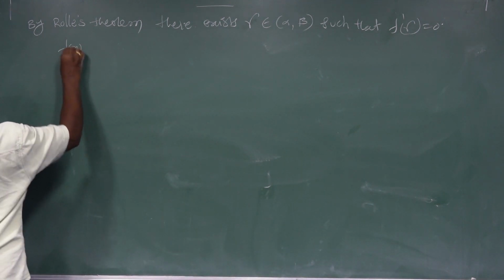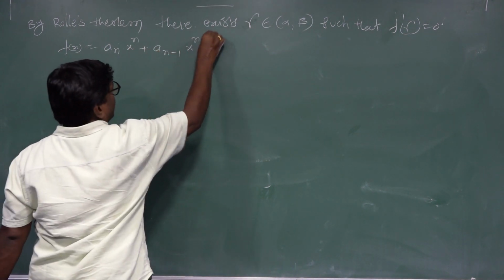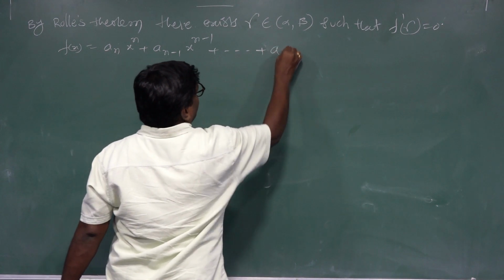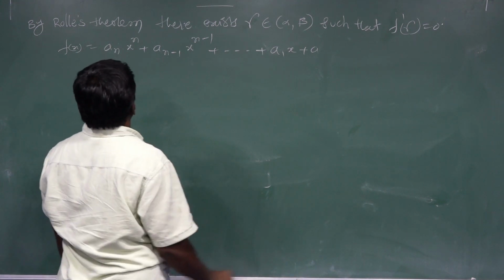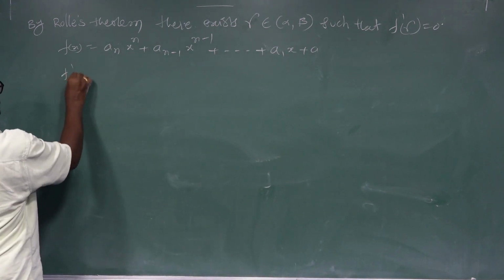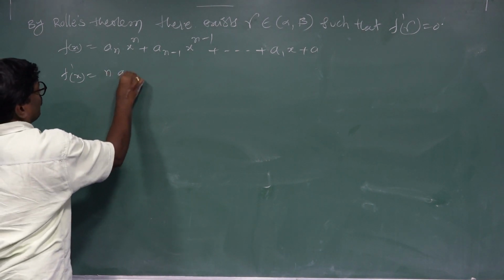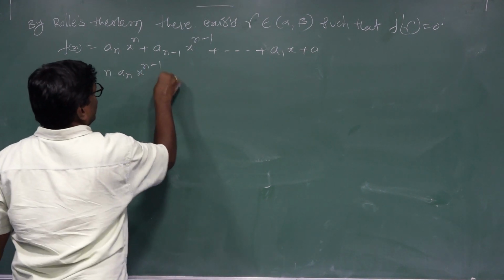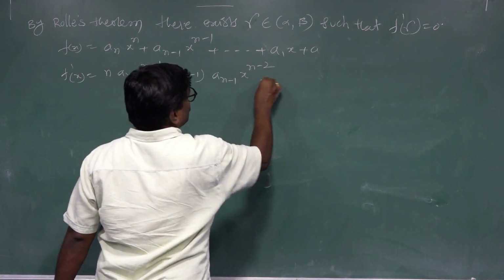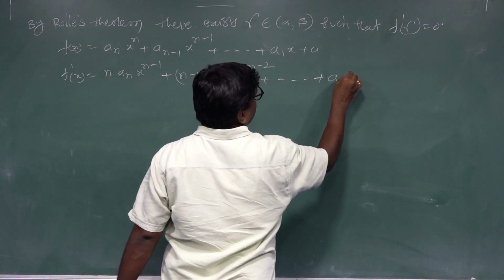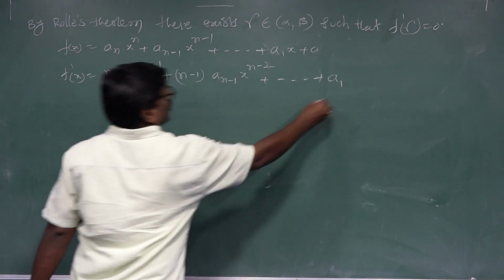Now f(x) = a_n x^n + a_{n-1} x^{n-1} + ... + a_1 x + a_0. Differentiating, f'(x) = n a_n x^{n-1} + (n-1) a_{n-1} x^{n-2} + ... + a_1. The constant's derivative is 0. Hence proved.